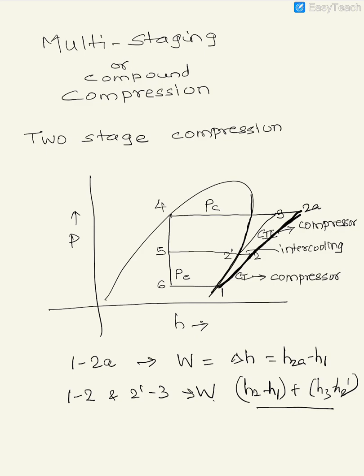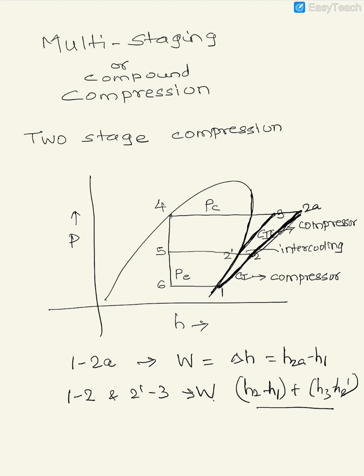This is a saturation curve, and this line is away from it. In the multi-staging case, this line is closer as compared to this line, and when it is closer, the enthalpy difference is less.